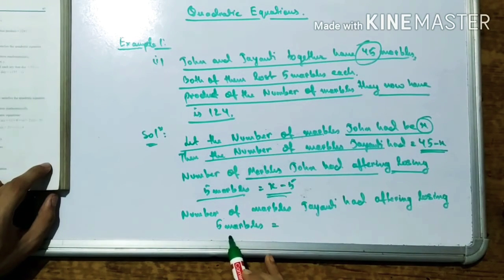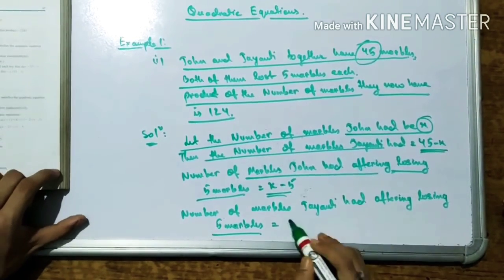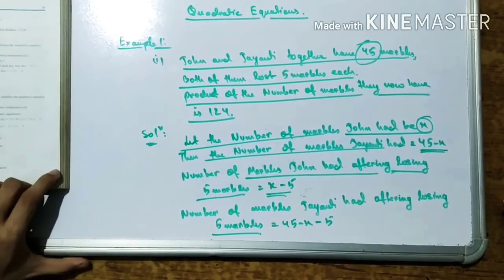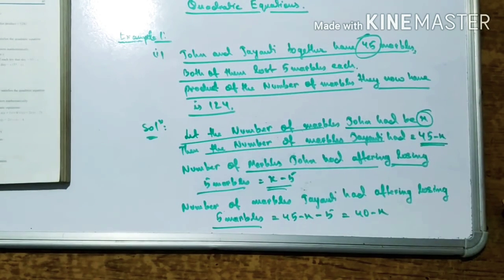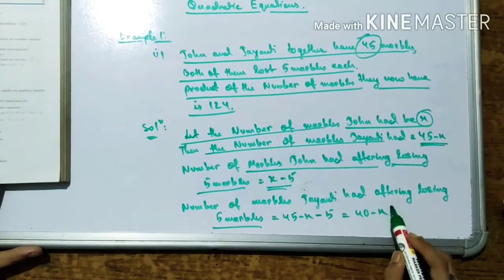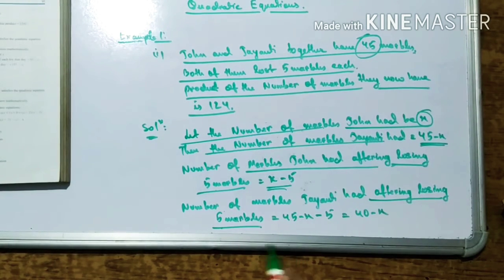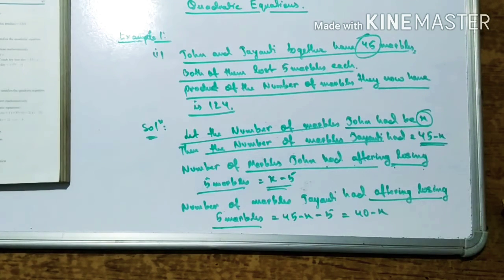And now as Jayanti lost 5 marbles, number of marbles Jayanti had after losing 5 marbles will be 45 minus x minus 5, which is ultimately 40 minus x. And the number of marbles John had after losing 5 marbles will be x minus 5.